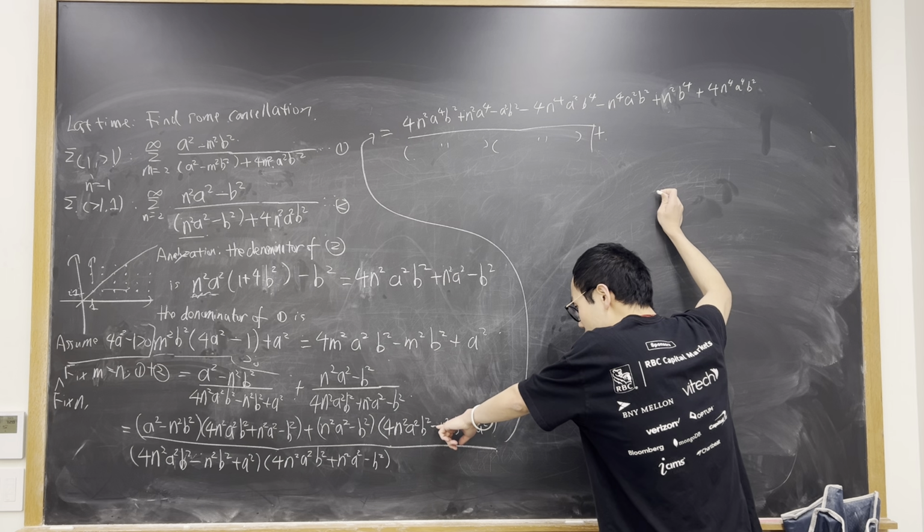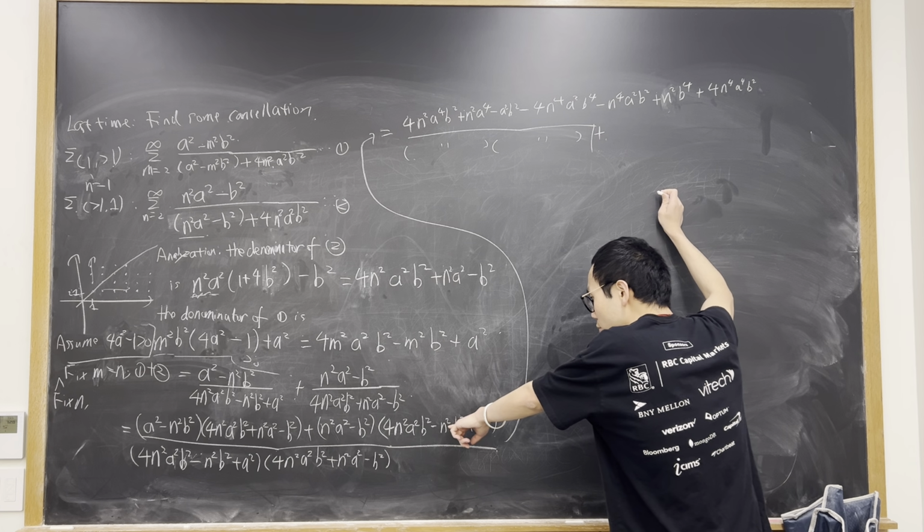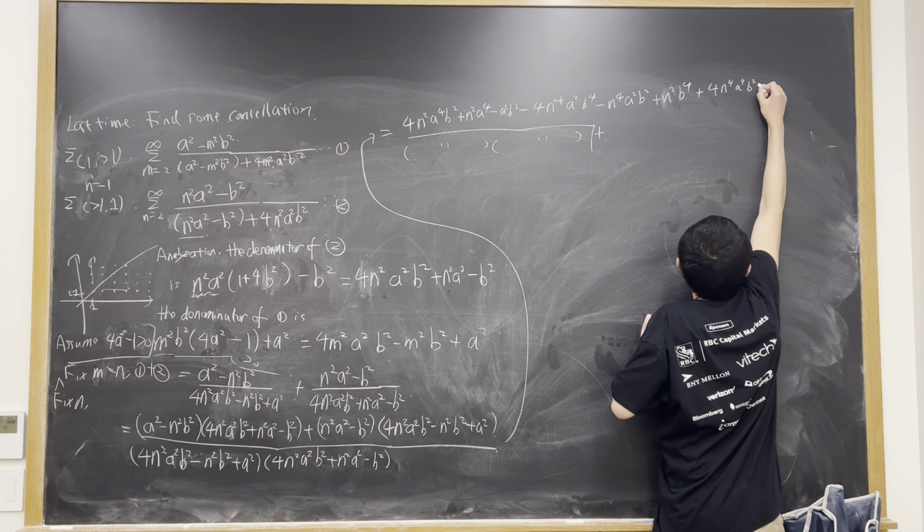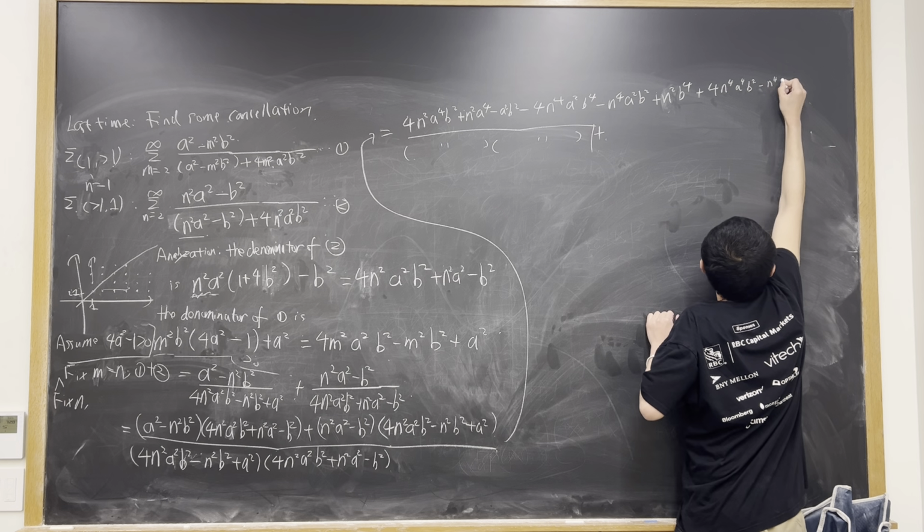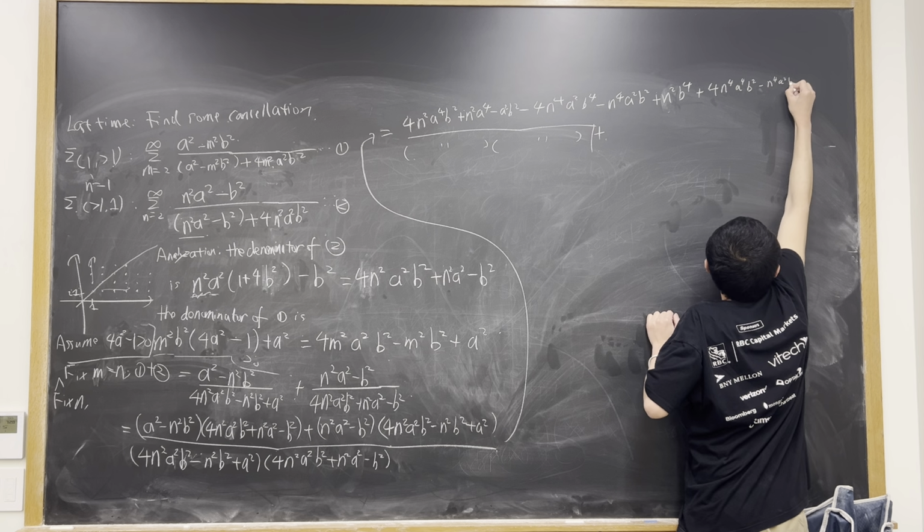And then minus n to the fourth power a squared b squared.